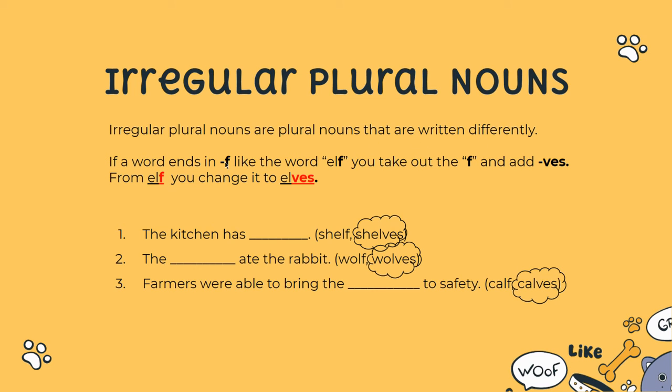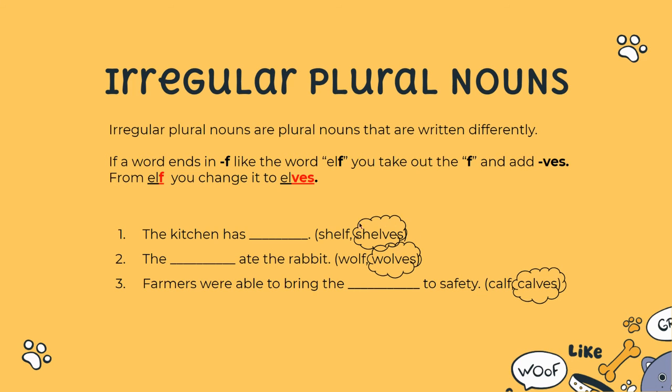So, if a word ends in F, like the word elf, you take out the F and you add VES. So, from elf, you change it to elves. And here you have the three examples. You remember that? Number one, the kitchen has blank. The kitchen has shelves. If you want to make it plural, you have the F. You take that out and you add VES.